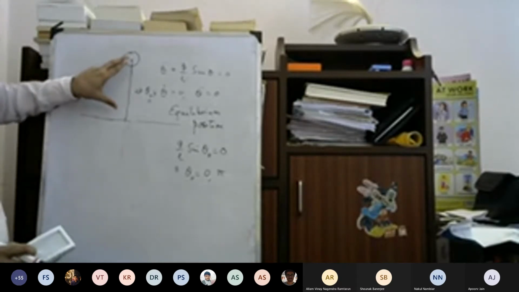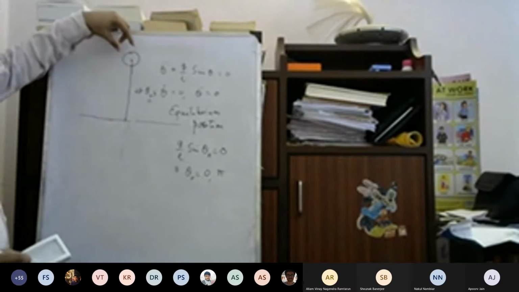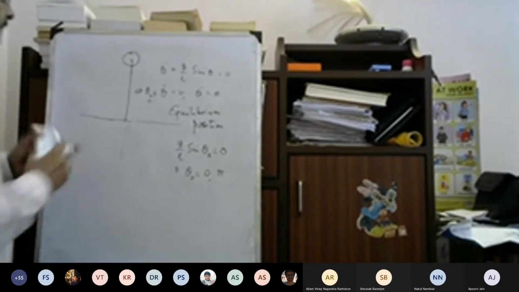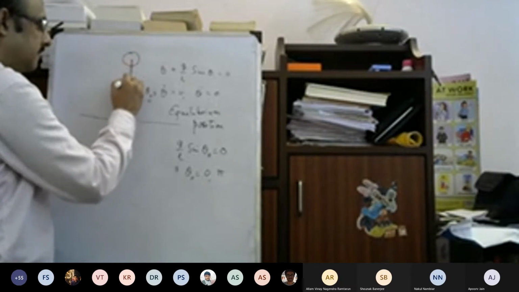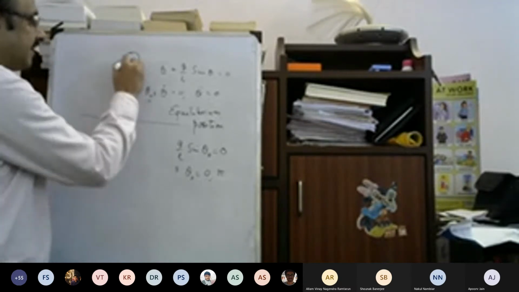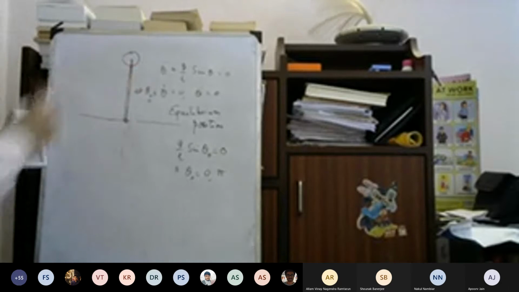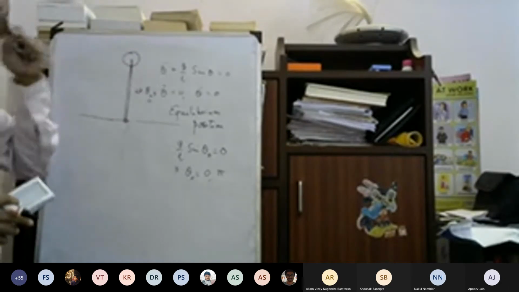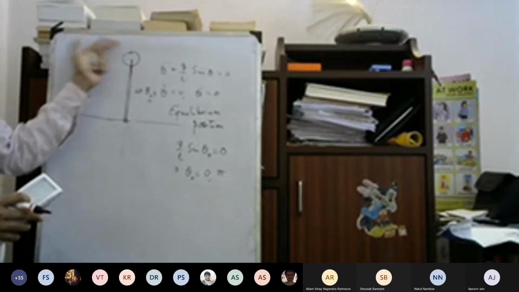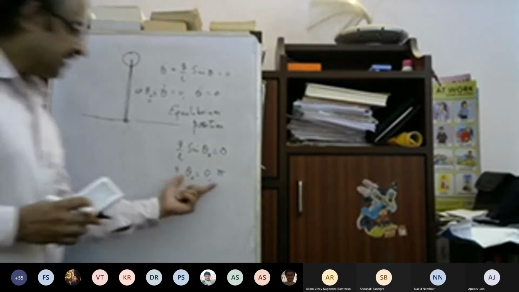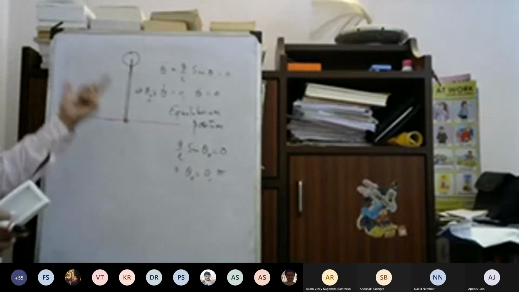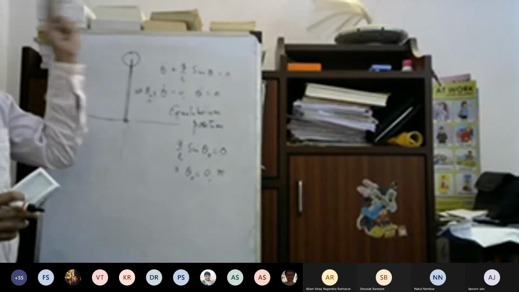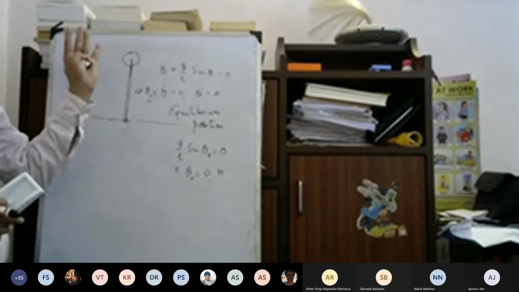But now a simple string will not do, because the string cannot take any compressive load, so it will fall down. If you have a massless thin rod hinged here, and you put the mass upward, then our equation says that this will be an equilibrium position. That is, if you do not disturb it, it will remain there forever.